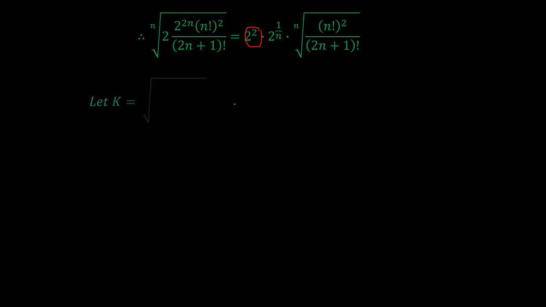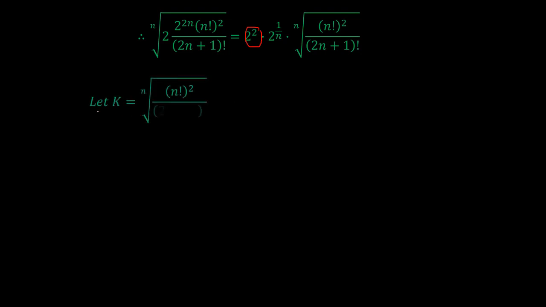So now, because we had an nth root over the integral, we can now pull out this 2 to the power 2n, because the nth root of this is just 2 squared. And then we can also pull this out into 2 to the power 1 over n.